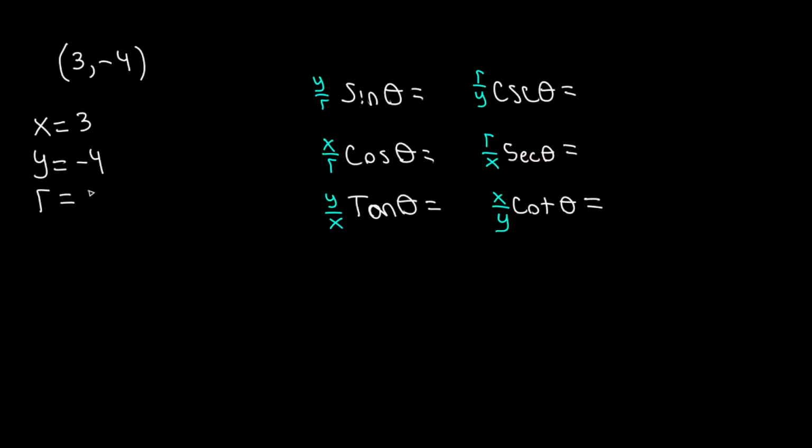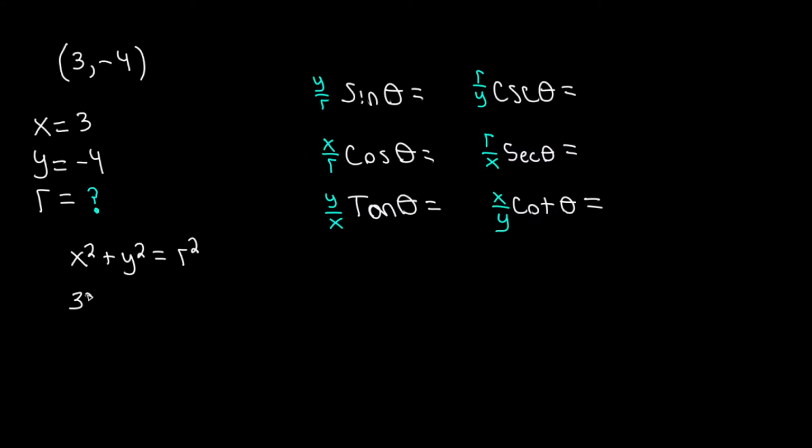So first we need to figure out our r. And how we're going to do that is the Pythagorean theorem, which should make sense to you guys, because we know that x squared plus y squared is equal to r squared.